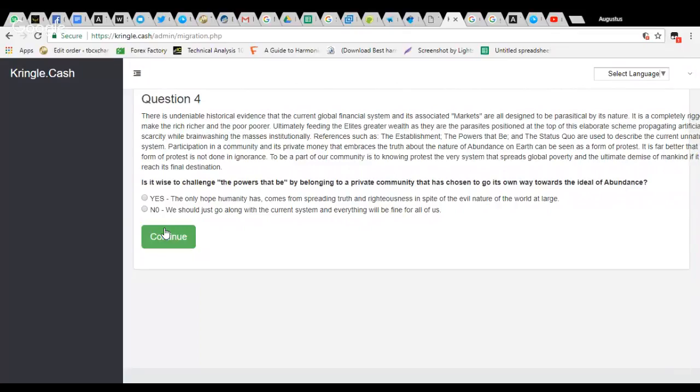So the question is: is it wise to challenge the powers that be by belonging to a private community that has chosen to go its own way towards the ideal abundance?